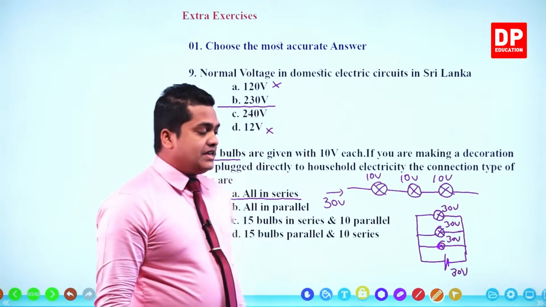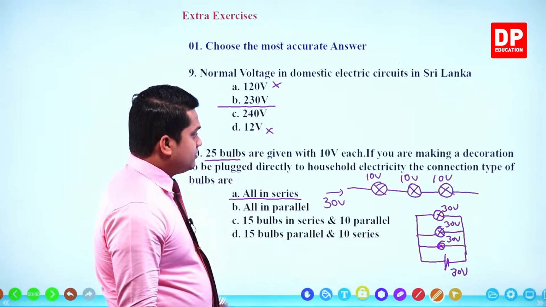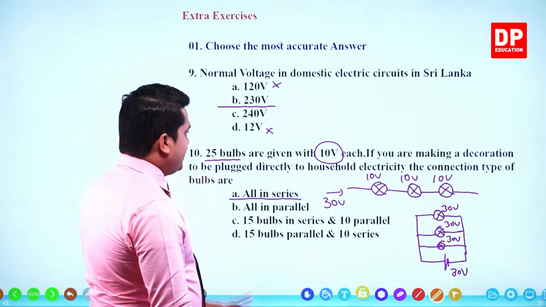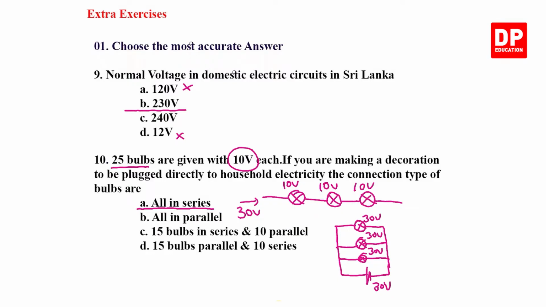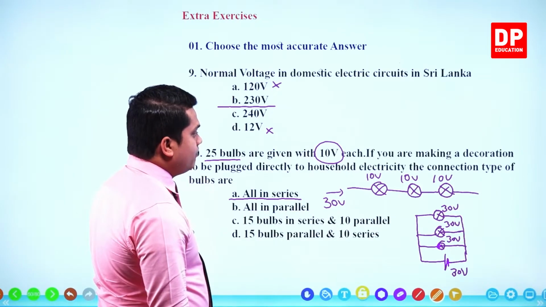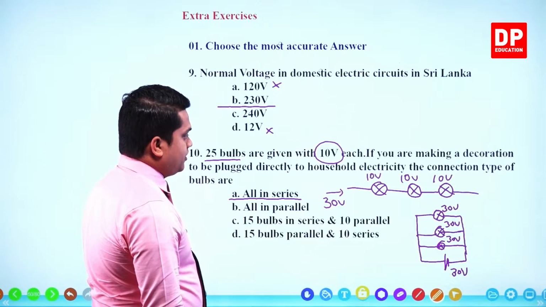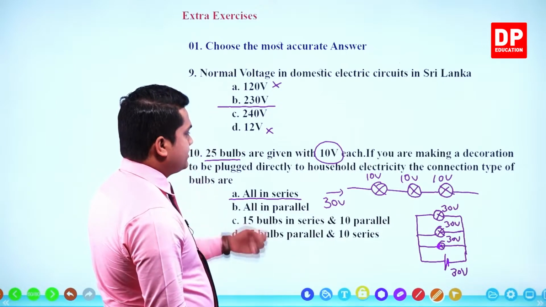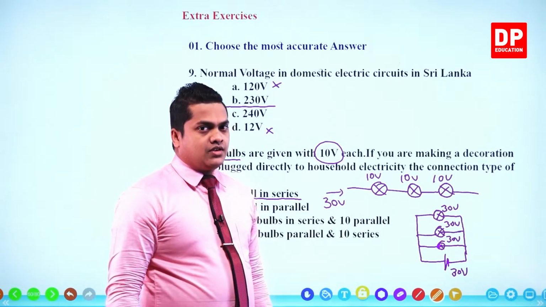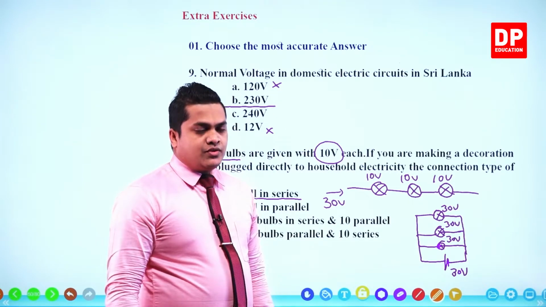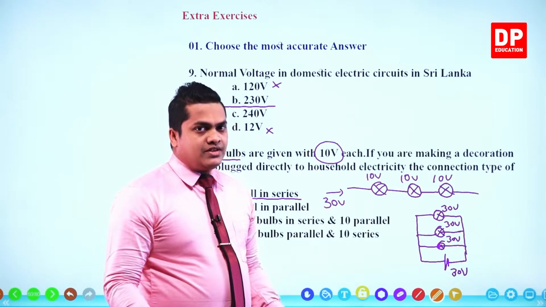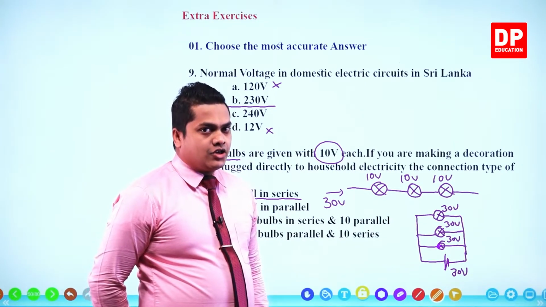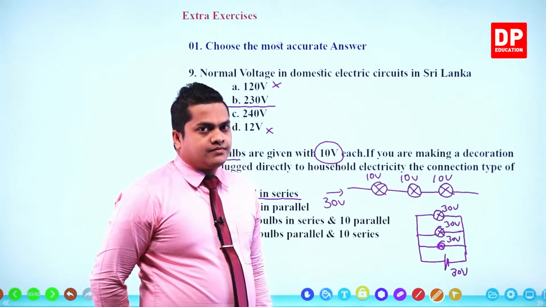The maximum voltage that can be borne by one bulb is 10 volts. So 10 times 25, all 25 bulbs are going to absorb 250 volts. But the given voltage is 230 in normal household electric circuits, as we discussed in the earlier question. So it's safe to plug in these 25 bulbs to our domestic electric circuits, but remember they should be in a series connection, not a parallel connection.